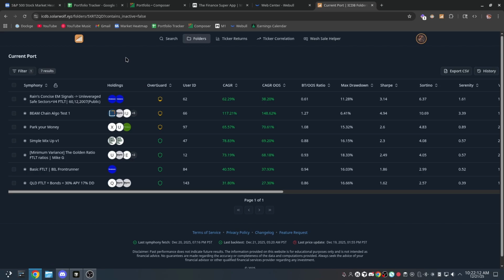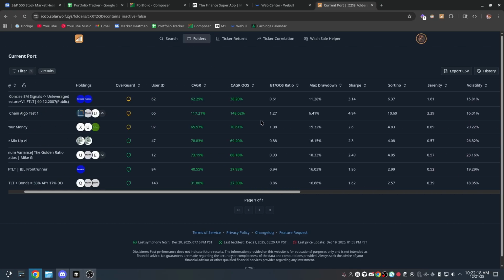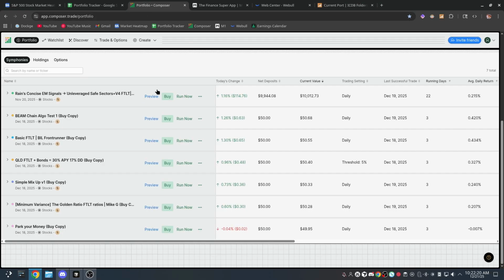So I'll be testing these to determine how well they do. I think I had just barely got into this at Thursday close, so I only had one really full day to look at these, and that's what you see here. So far, we've lost a little bit of money on Park Your Money.